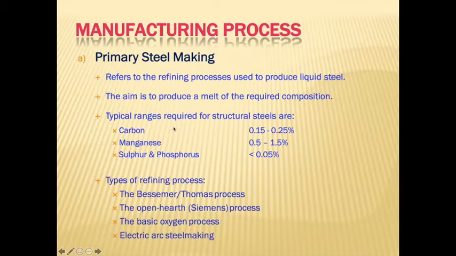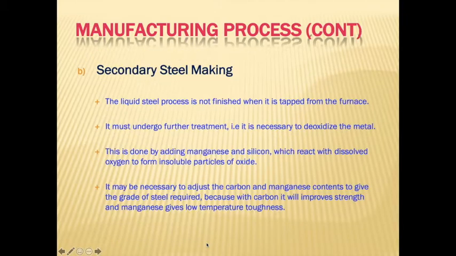The typical ranges required for structural steels are within the range of 0.5% to 0.25% of carbon, manganese of 0.5 to 1.5%, and also sulfur and phosphorus of less than 0.05%. The types of refining process that we can use to make steel is the Bessemer or Thomas process, the open hearth or Siemens process, the basic oxygen process, and also electric arc steel making.